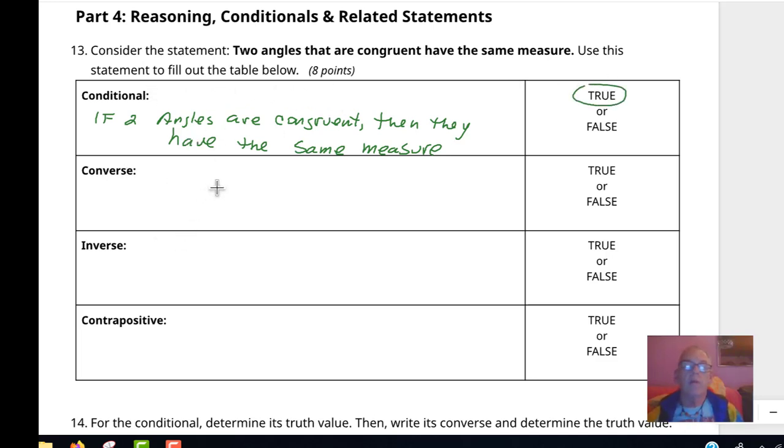We want to form the converse. Now the converse swaps. So we've got if P then Q for the original statement. The converse swaps the Q's and the P's. So we have if Q then P. So this is going to be if two angles have the same measure, then they are congruent.